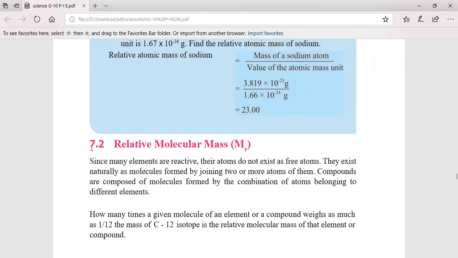Then the second part, 7.2, that is relative molecular mass. Relative molecular mass.